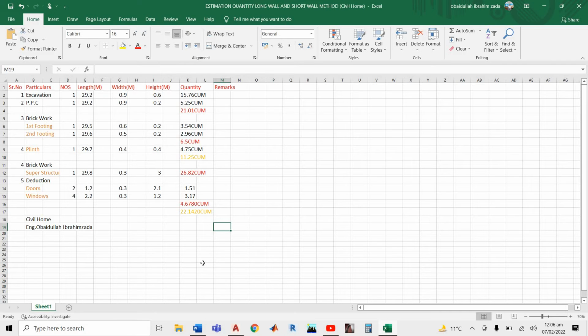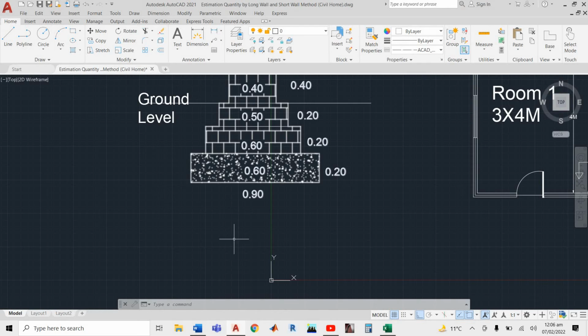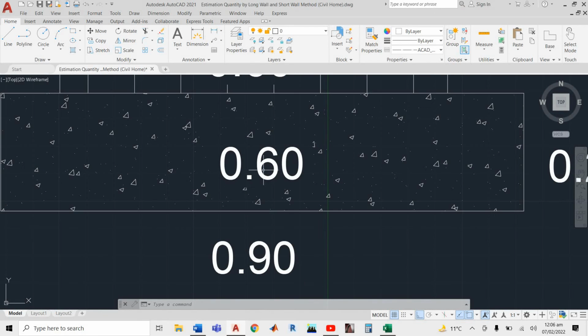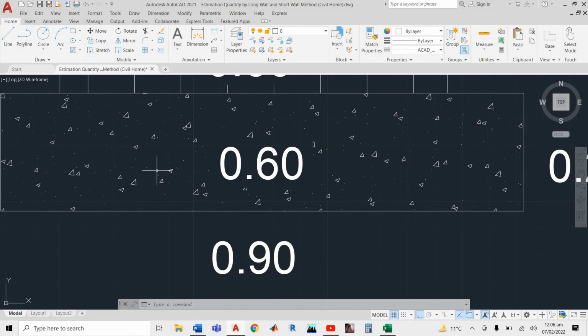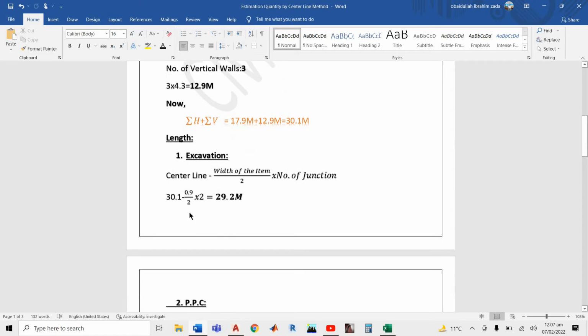Then we have PPC. The second step, if you see in the cross section, is PPC. In PPC, this dimension was taken by mistake, so ignore this dimension. It is just the dimension of this hatch. So in PPC, how can we find the center line?